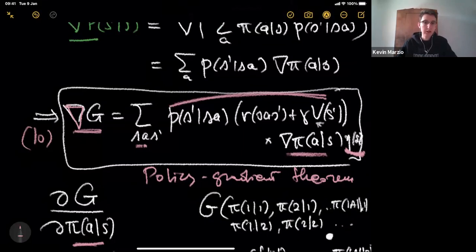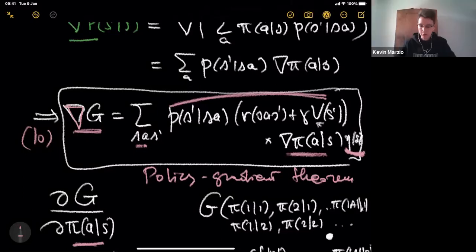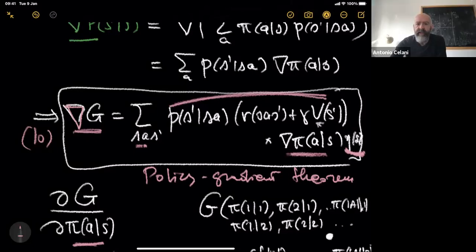So in this case, the G divided by the derivative in a single policy is just a single value of the gradient. Yes. At each point in policy space, you have a different gradient. It points in different directions because it depends on pi explicitly through this and this.